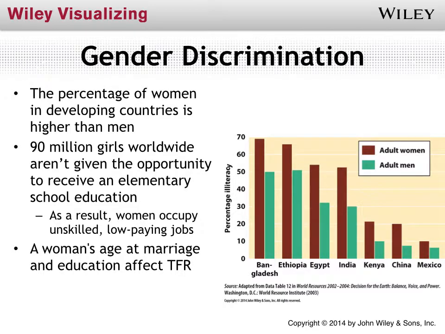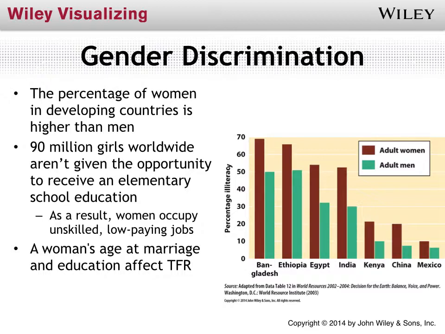So it's pretty typical in developing countries that there's a lot of gender discrimination. The percentage of women in developing countries living in poverty tends to be higher than men. Again, the image shows that's pretty consistent across an example of some developing countries. 90 million girls worldwide aren't given the basic opportunity for an elementary school education.